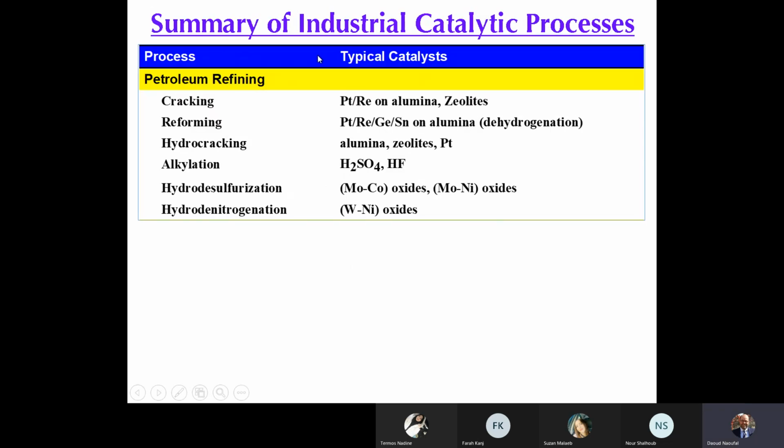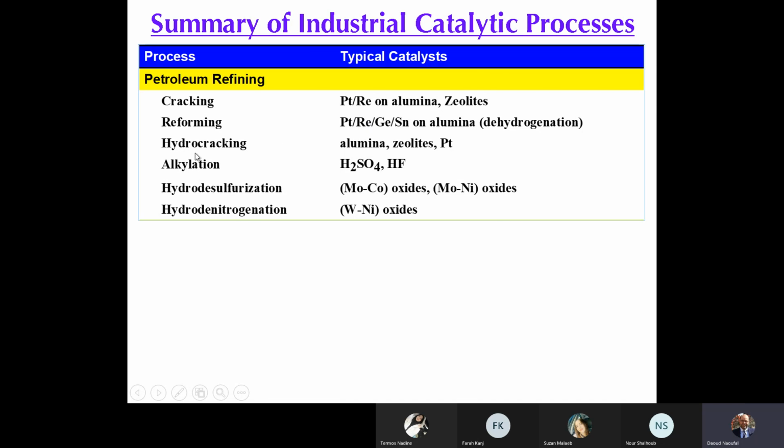So the history of the industrial catalytic process, and we have international names or notations for these reactions. For example, for cracking, we use a platinum rhenium catalyst supported on alumina.